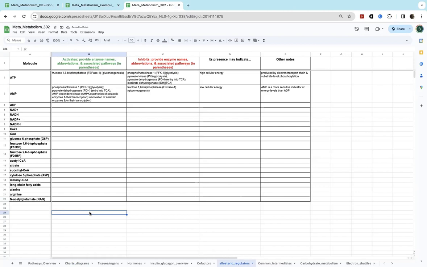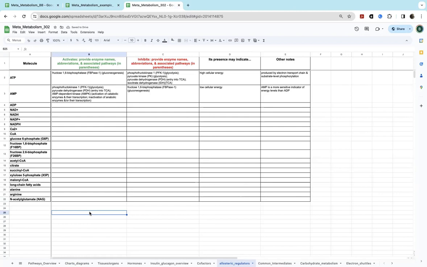Similarly, your NAD and your NADP and your FAD would tell you about the oxidation status of the cells. Whereas intermediates from the various pathways tell you about the activity in those pathways, maybe what's building up, what's in short supply. And so all of these make sense and tell you different things.